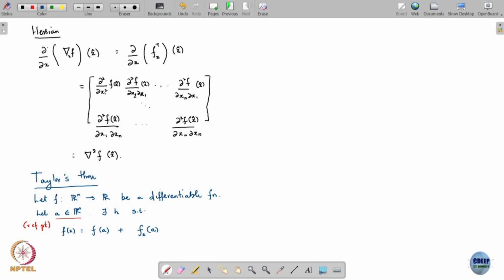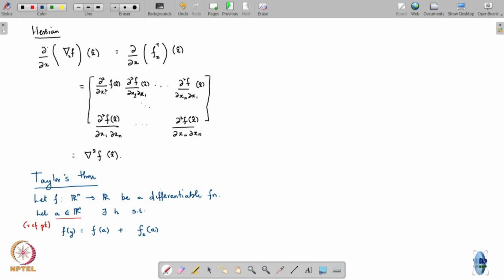Instead of denoting this by x, let me denote it by y. So my reference point is a, and the other point at which I want to evaluate the function, let us call that y.